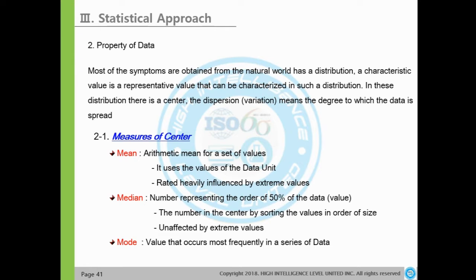This is not affected by extreme values or outliers. The mode is the value that occurs most frequently in a series of data. So these represent the center.